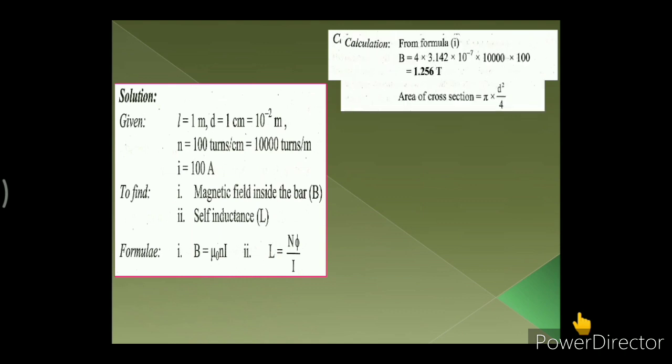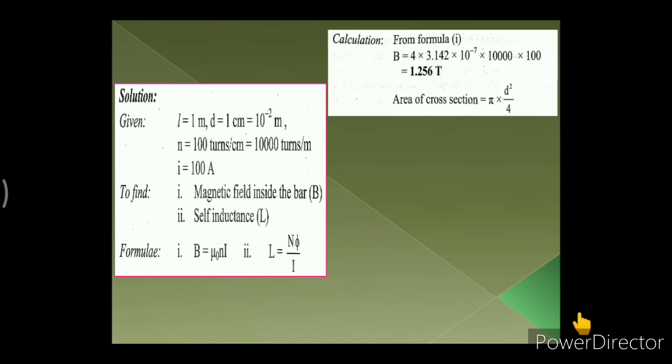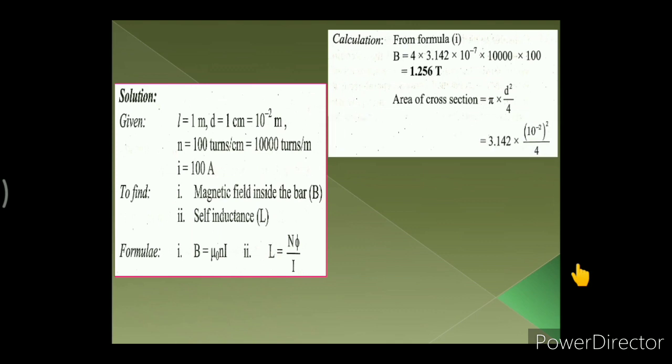1.256 Tesla. Then next over here, the area of the cross section is pi into r square. As r is nothing but d upon 2, so r square becomes d square upon 4. So area of the cross section we are getting as pi into d square upon 4. Let's substitute the value as d is given, which is 10 raised to minus 2.